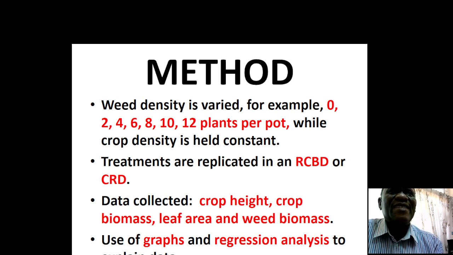Treatments are replicated. This is a requirement for experimental procedures where you can have an RCBD or a CRD. The data collected could be crop height, crop biomass, leaf area, and weed biomass.